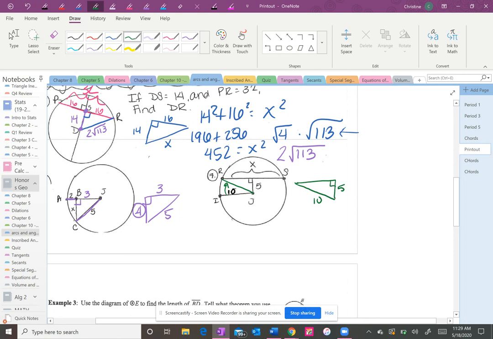Now at this point, you should stop getting ready for Pythagorean theorem because there is a triangle where the leg is just half of the hypotenuse. And so by default, this has to be a 30, 60, 90 triangle, making this side 5 root 3. And so in order to find x, you would just double that.